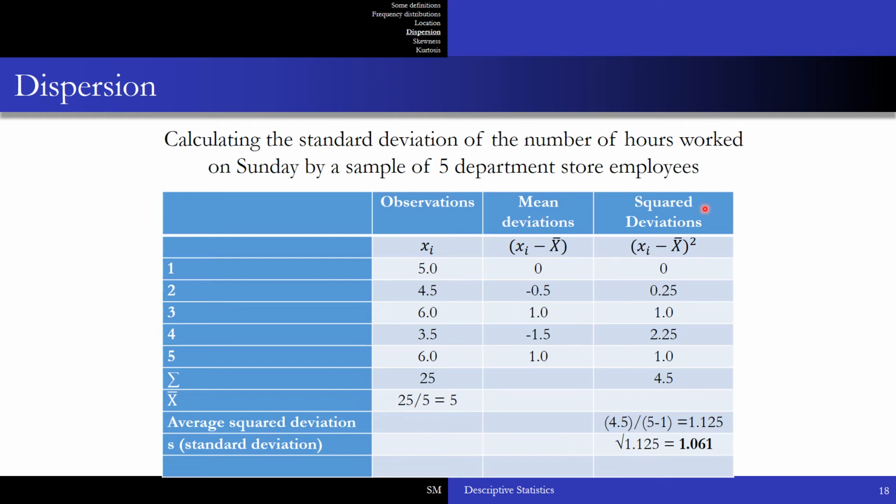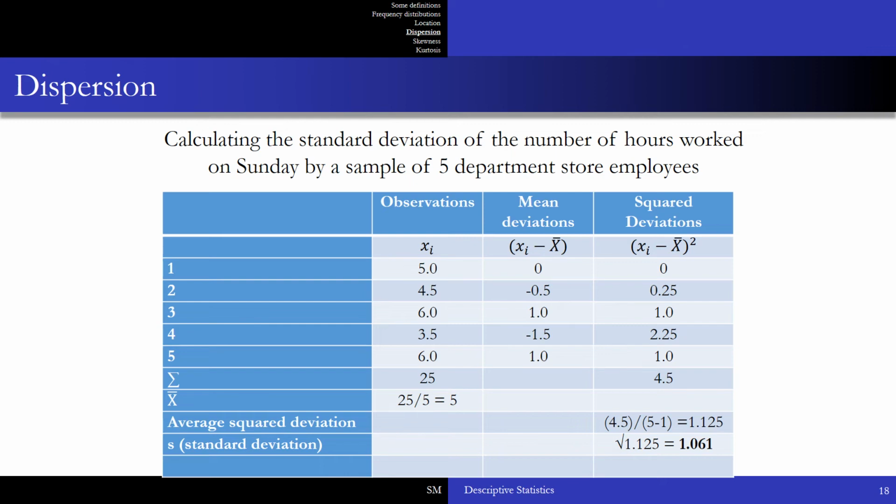In the last column, we square all of these mean deviations. 0 squared is 0, minus 0.5 squared is 0.25, and so on. Next step, sum all of these numbers here. If we add them all up, we get 4.5. This is the sum of squared deviations around the sample mean.